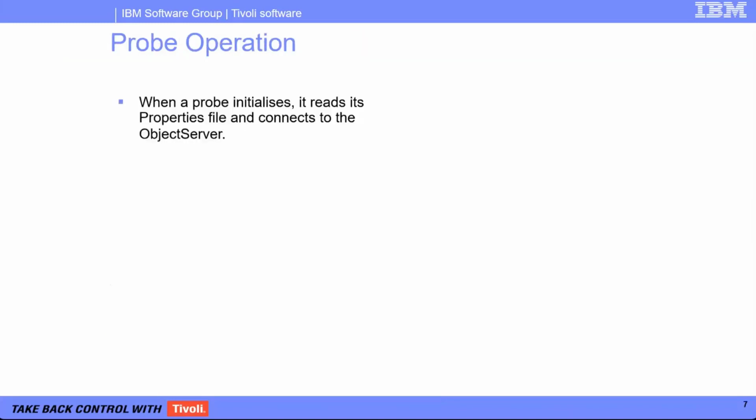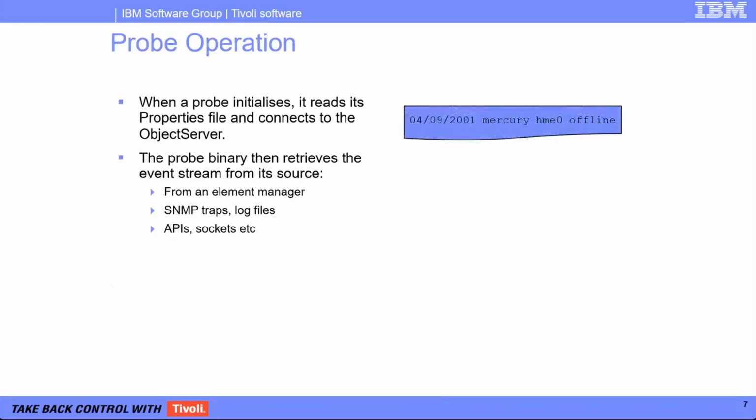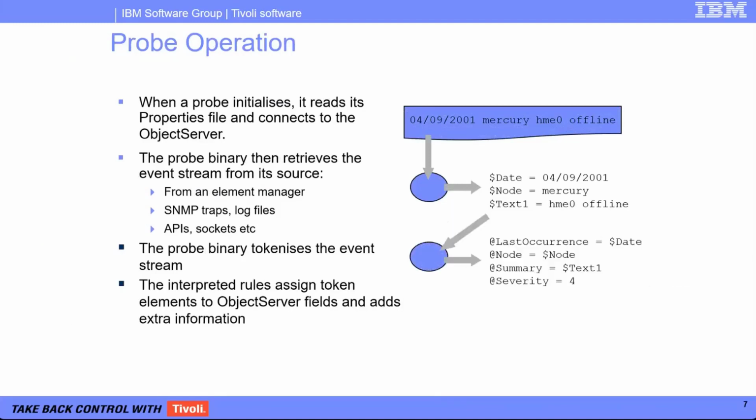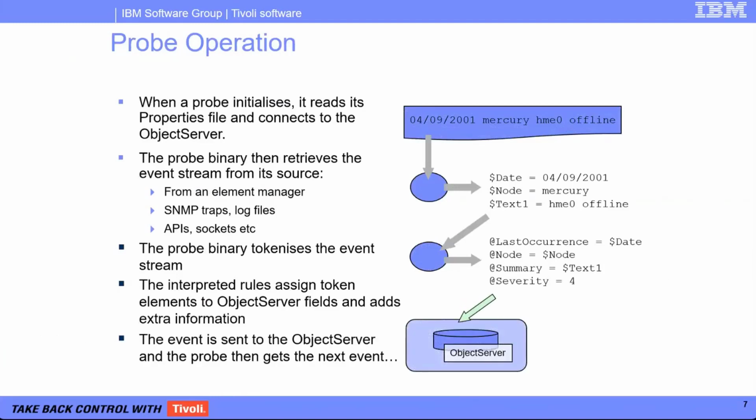Probes provide event data, and touching through this slide animation here, this is how it works. You have this raw data coming in. You have the rules file, which is mapping the raw data into the common event format of the object server. And the last part is to talk to the object server and deliver the event.